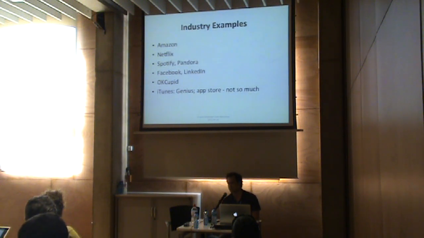It's almost easier to come up with popular social networks and third-party services that provide recommendations than those that don't. There are very few that are not providing recommendations and doing these sort of personalization features for the users. Amazon being one of the first and definitely one of the biggest ones.